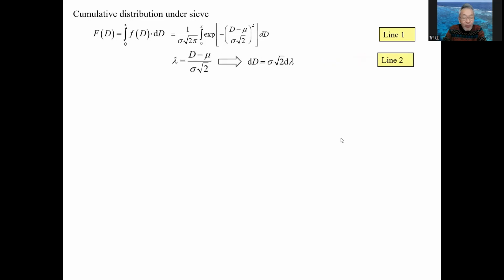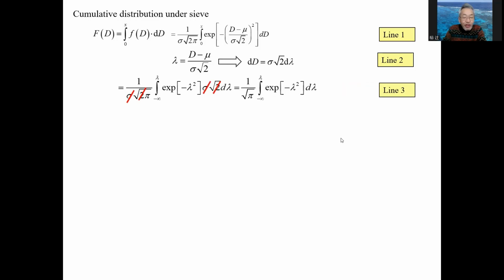Let's replace the index in the exponential function with the symbol lambda shown in the second line. As a result, the integral over D changes into the integral over lambda as shown on the third line.